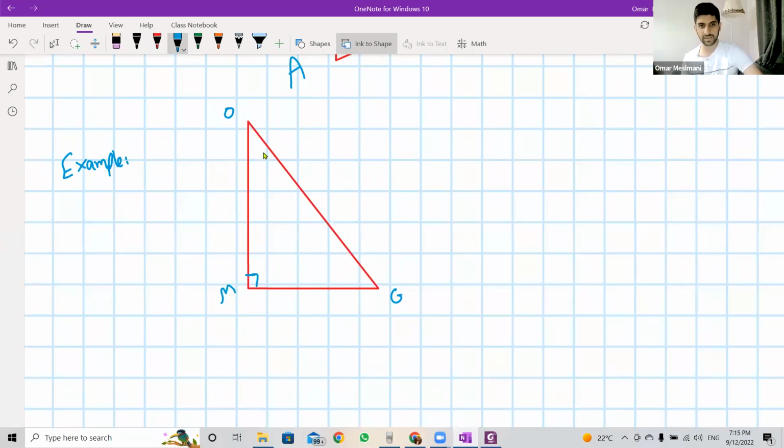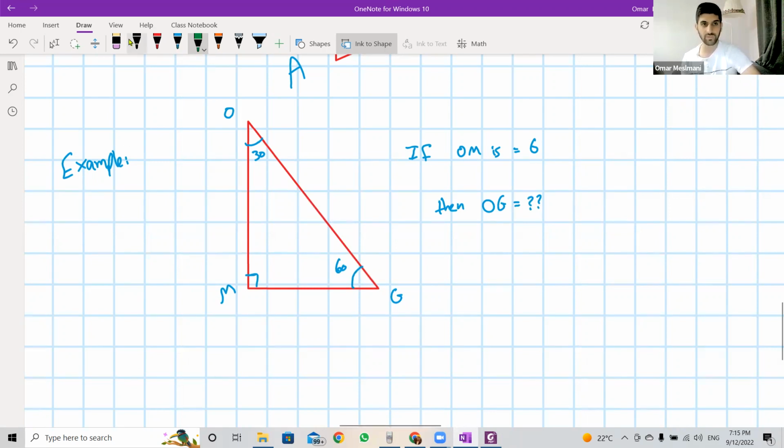If he says that the angle O has 30 degrees, the angle G obviously is going to be 60 degrees. If OM is equal to 6, then what is OG?